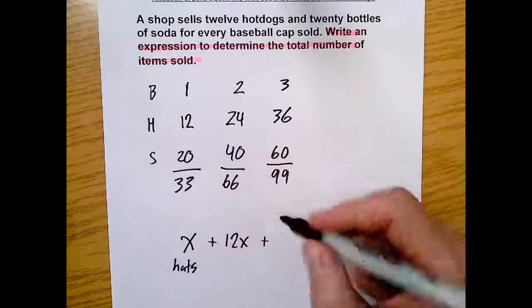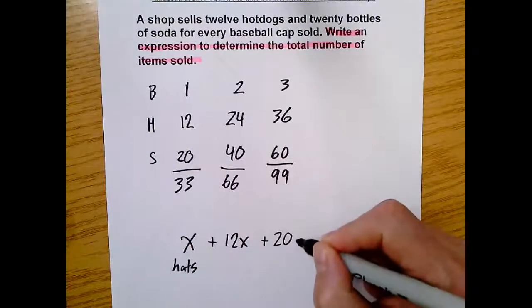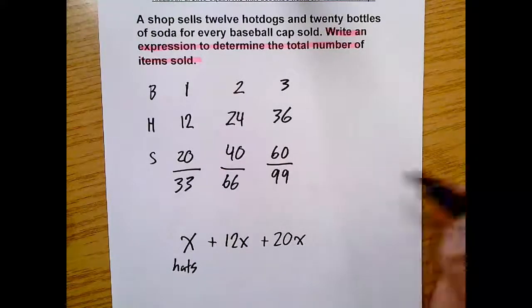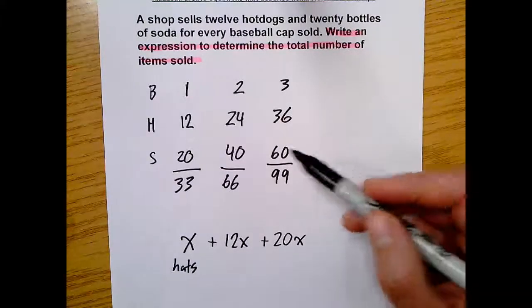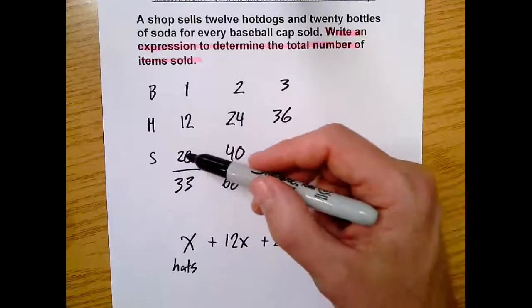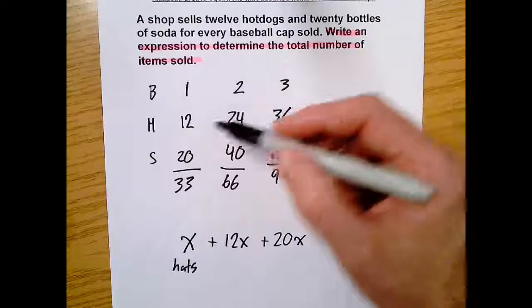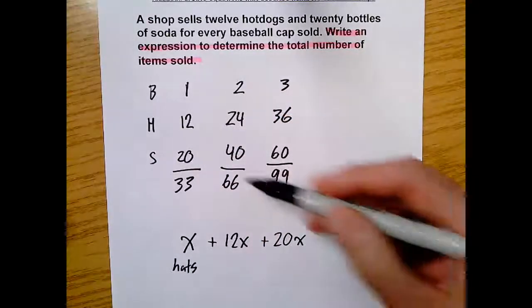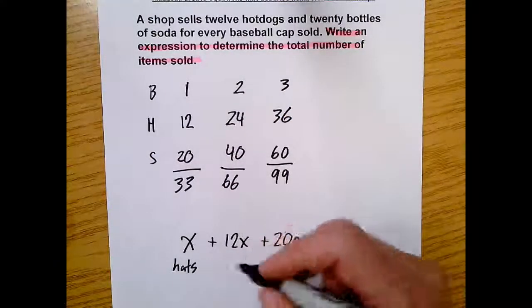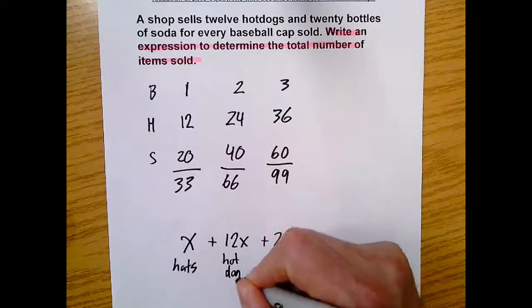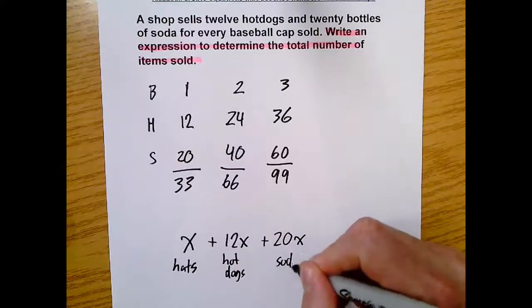Same thing here for sodas. You just say 20x because it's multiplying by the number of hats sold. So if you sold 1, well, 20 times 1 is 20 because x was 1. What if x is 2? Well, 20 times 2, you get 40. So that's hats, this is hot dogs, and this was sodas.